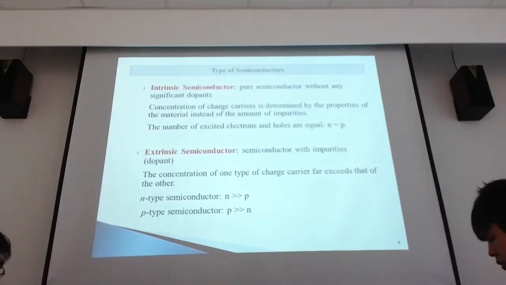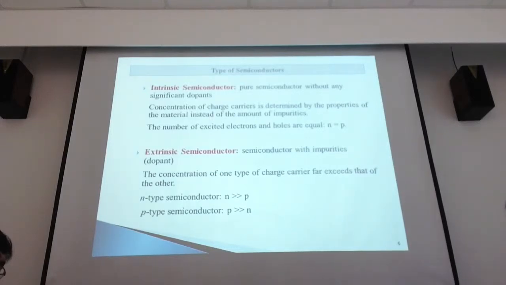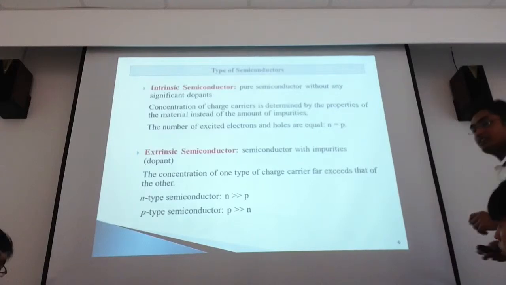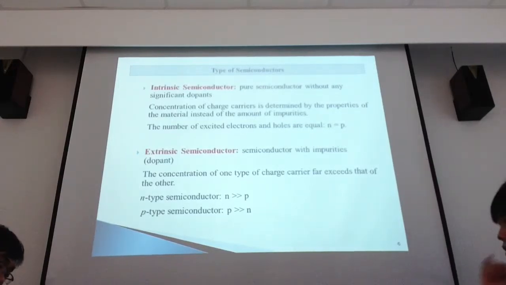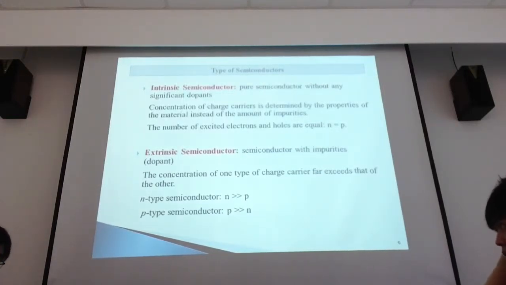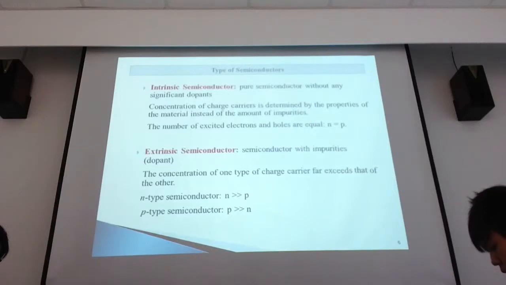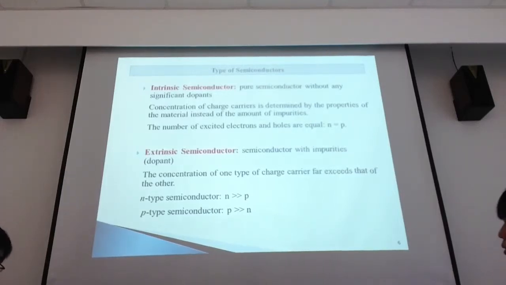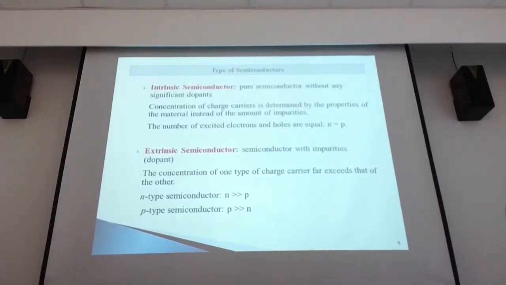What is Avogadro's number? 6.023 times 10 power 23, right? This is 1 mole of material, of any impurity. Let us say you are fabricating something, making some germanium wafer, and I just put a pinch of impurities inside. A pinch of impurities may be something like 1 milligram, so 10 power minus 3 grams.